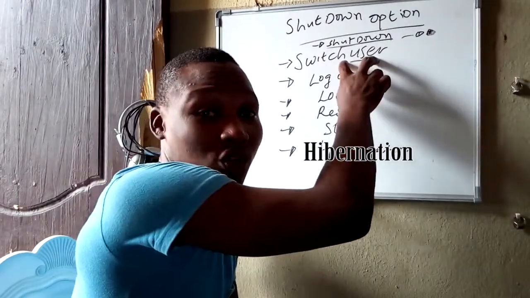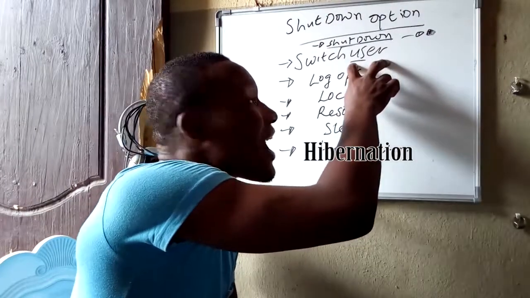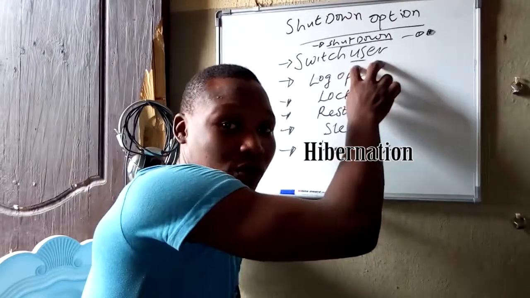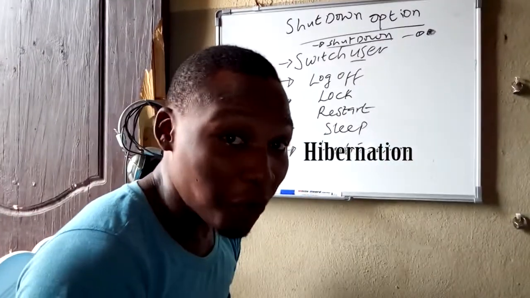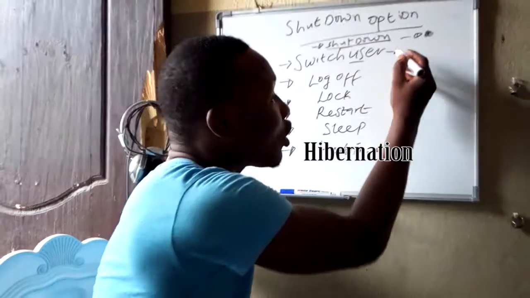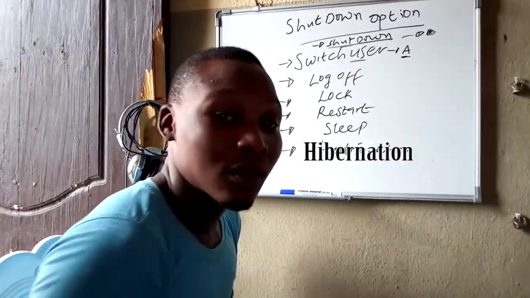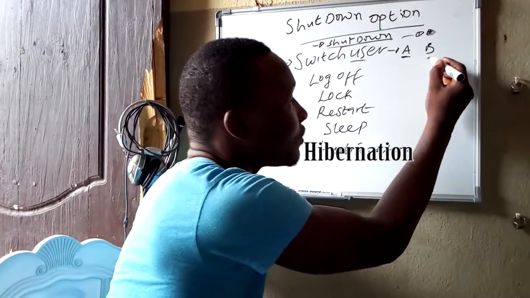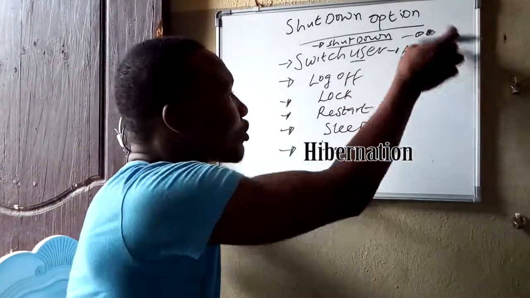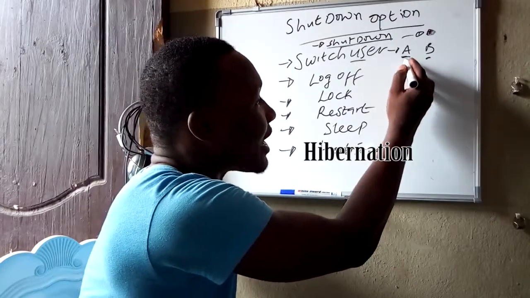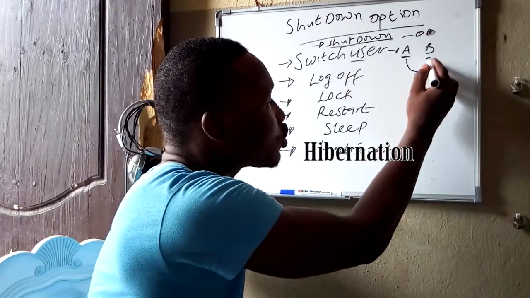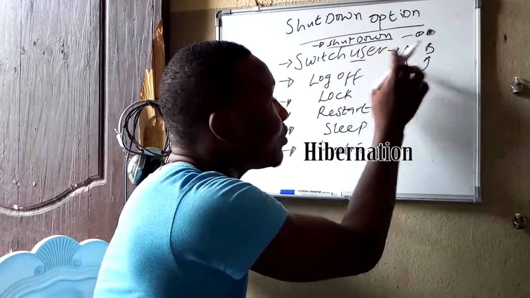The both of you can switch user, but each user will have a different password. What this switch user does, let's say user A is using the system. Now user B wants to make use of the system.